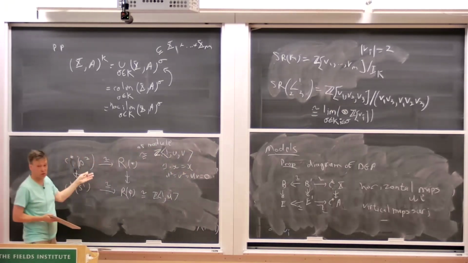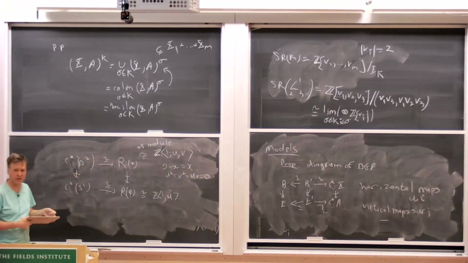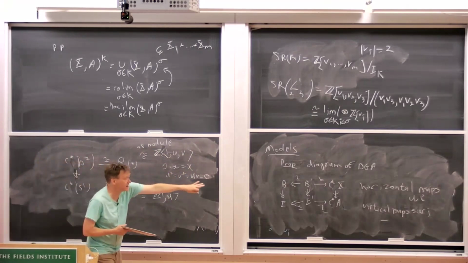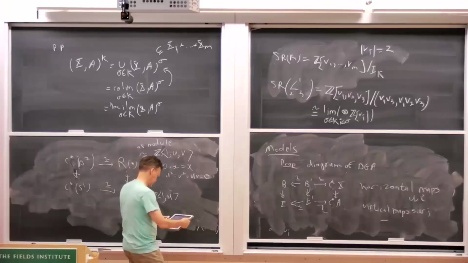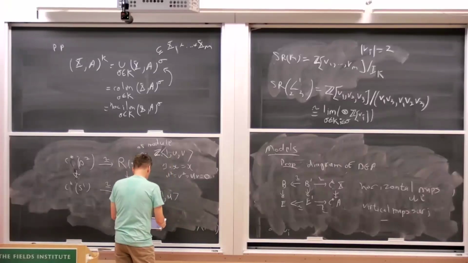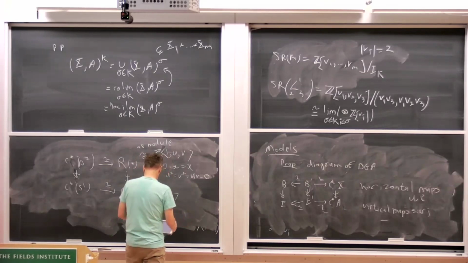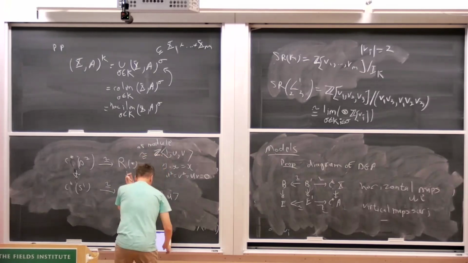And Franz constructs a diagram. I mean, he maybe doesn't phrase it this way, but Franz constructs a diagram like that. And then we can apply this proposition to that. Okay, and then again, by induction.